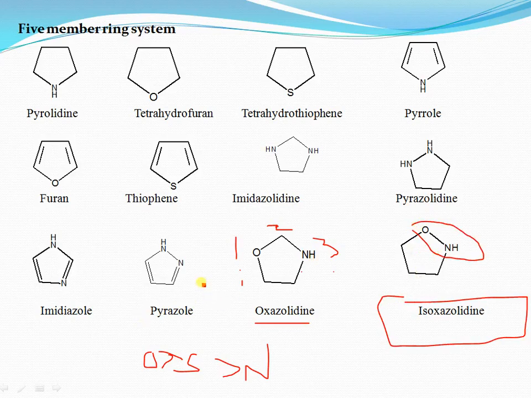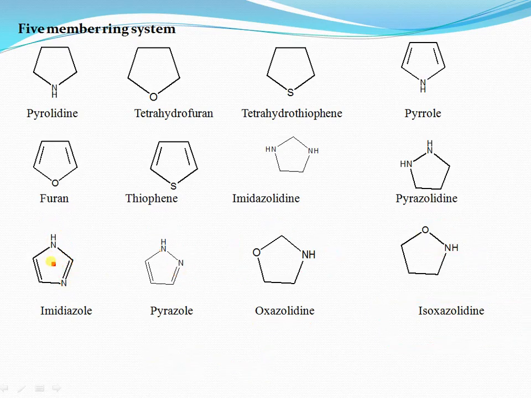It is pyrazole. It is diazole, 1,2-diazole. It is 1,3-diazole. It is imidazole. Is it saturated or unsaturated? It is unsaturated. It is 5-member, 2, then 3, 4, and this one is 5.